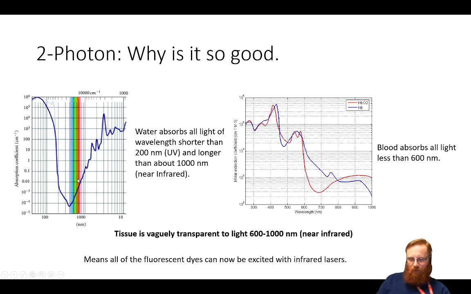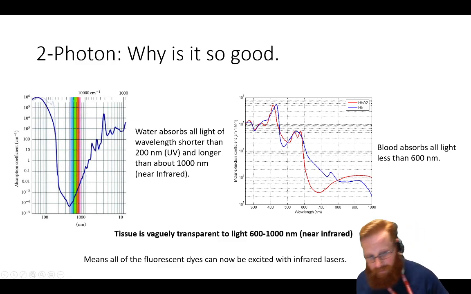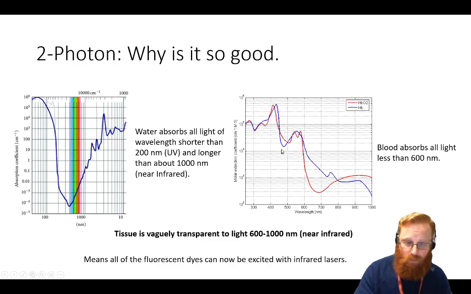So it doesn't matter that we've snuck up the side of the absorption curve for water, i.e., water lets through visible light better than infrared, but it goes through blood way easier. So avoiding being absorbed by blood is more important.